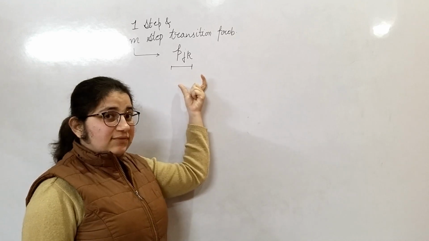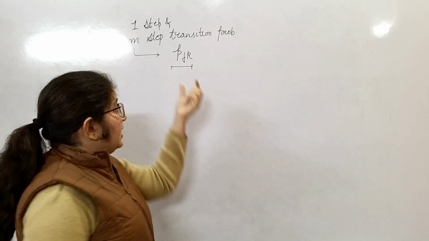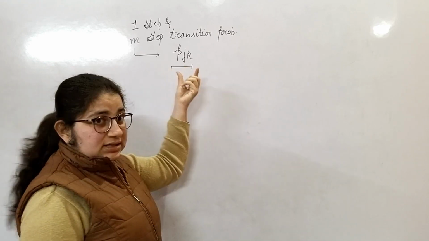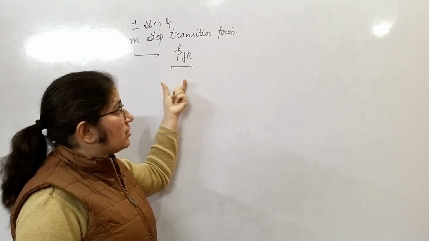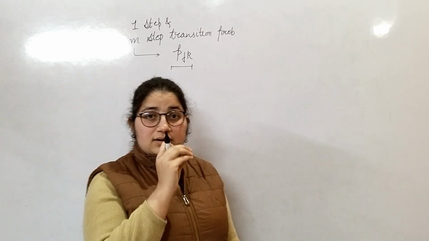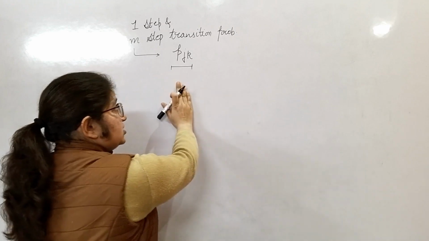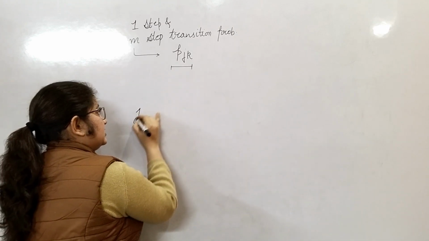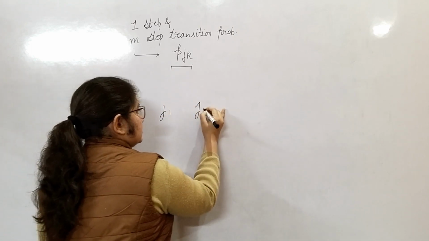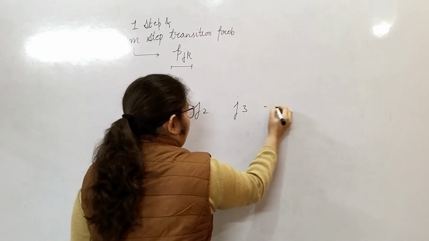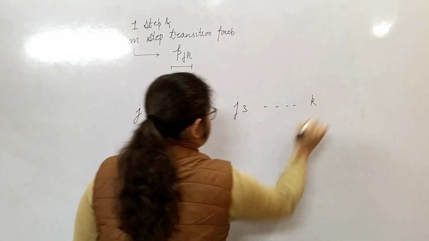So if this pjk, from state j to k, if I reached in one step, that is called one step transition probability, and if from state j to state k, for example say j, j1, j2, j3 and so on, then k is coming.